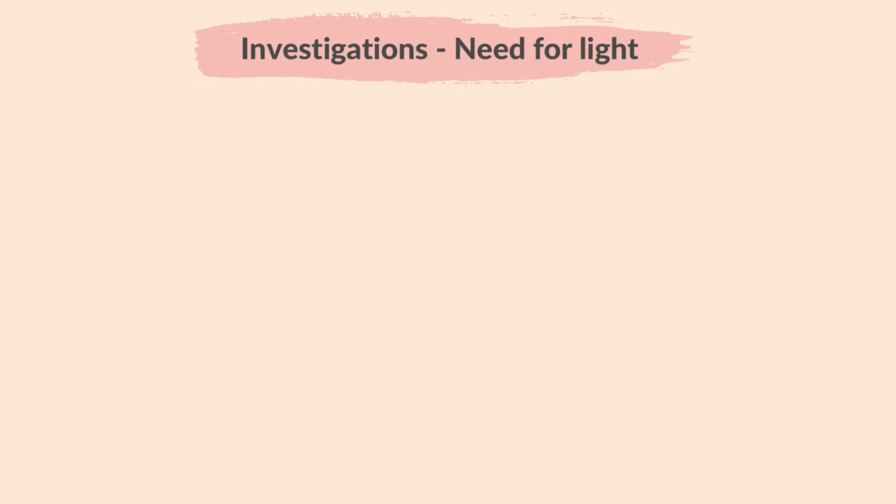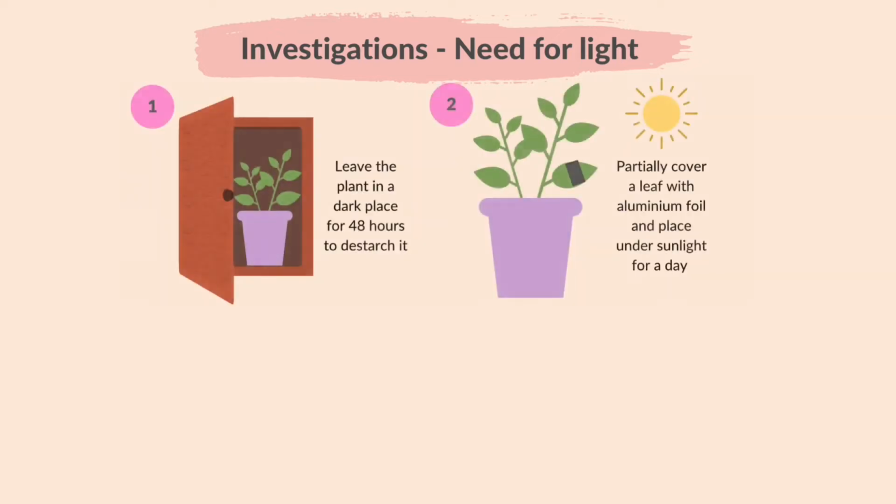Next, let's investigate the plant's need for light in order to photosynthesize. Just as with the previous experiment, the plant must be first destarched by leaving it in a dark place for 48 hours. Then, partially cover a leaf of the plant with aluminium foil and place the plant under sunlight for a day.